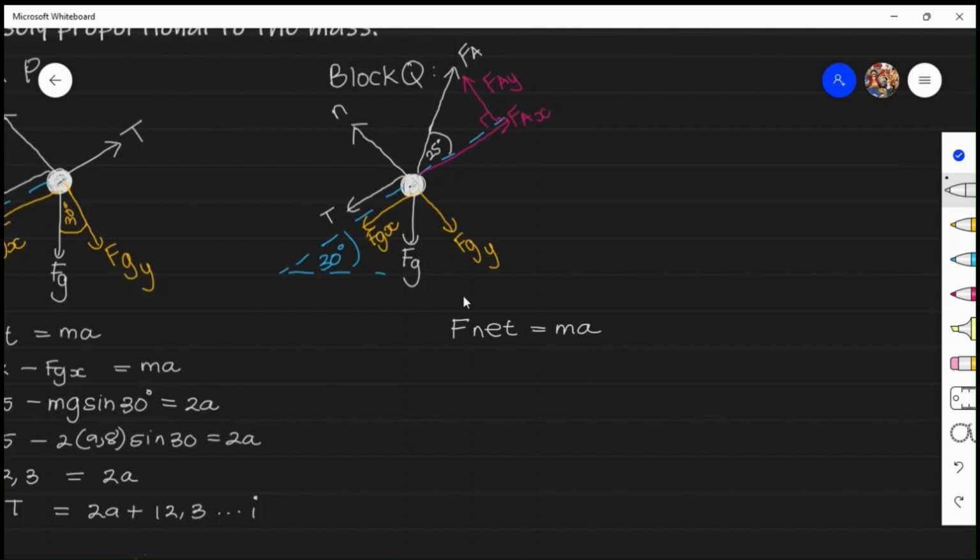Now, we have applied force, or rather the horizontal component of applied force, which is FAX, that is moving up the incline. Now, keep in mind, we are going to take FAX instead of FA because FA is inclined. Therefore, it's broken up into a horizontal and a vertical component.